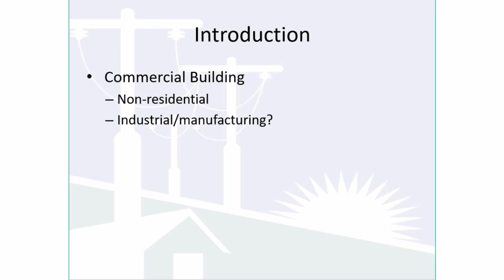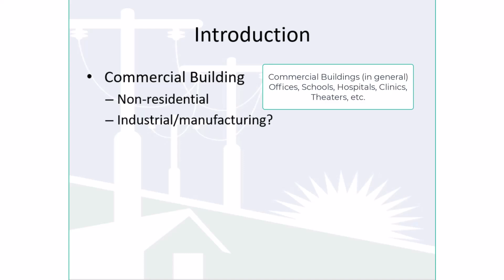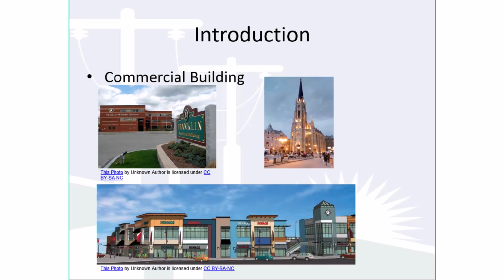And so most people think of the commercial sector as those that encompass schools, hospitals, generally office buildings, theaters, restaurants, those facilities used for a commercial, quote unquote, purpose. So that is where our focus will be, on the commercial sector: schools, offices, churches, theaters, etc.